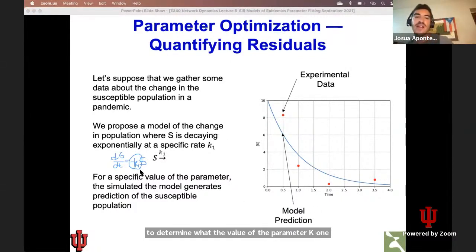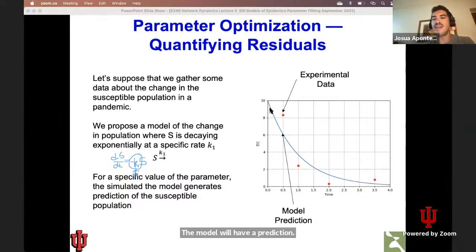And notice that for a specific value of K1, the model will have a prediction. It will predict that the population will decay following this dynamics, right? And now we see that they are not exactly the same as the experimental data.